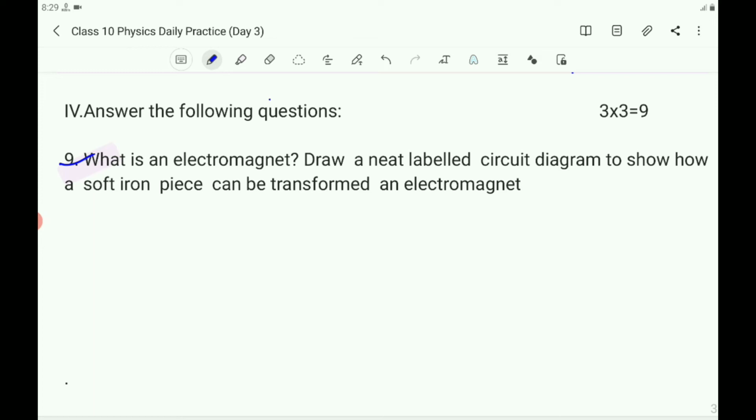Then what is a solenoid? It is a long cylindrical coil of insulated copper wire of a large number of circular turns, and when an iron core is placed inside a solenoid, the soft iron core behaves like a powerful magnet when current is passed through the solenoid.